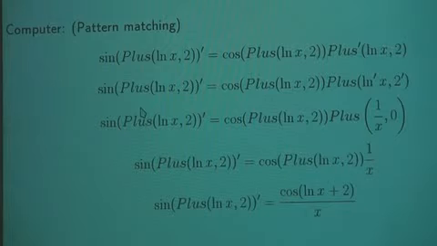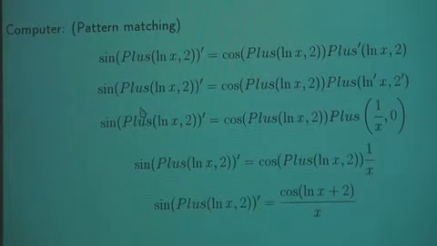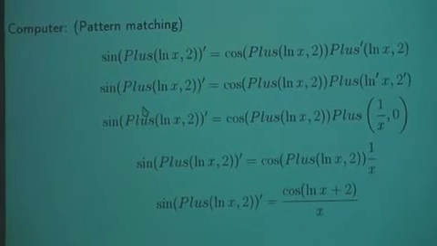Okay, so now we have done it even more formally, and maybe we are now not so far from being able to give this problem to a computer. The computer needs to be able to apply such formal rules. So the computer needs to have a pattern matching mechanism.